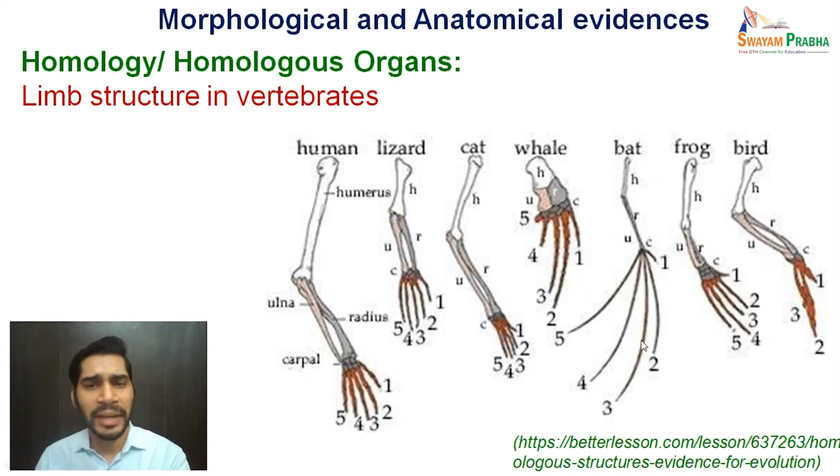Except a minor difference, rest all have the same basic pattern or structures, as you can notice here. But function wise, they do differ in different organisms or different vertebrate classes. So if you see from evolutionary point of view, they do indicate that all these organs, they do have a common ancestry. So the organisms possessing them, they might have originated from a common ancestor which support the evolution.